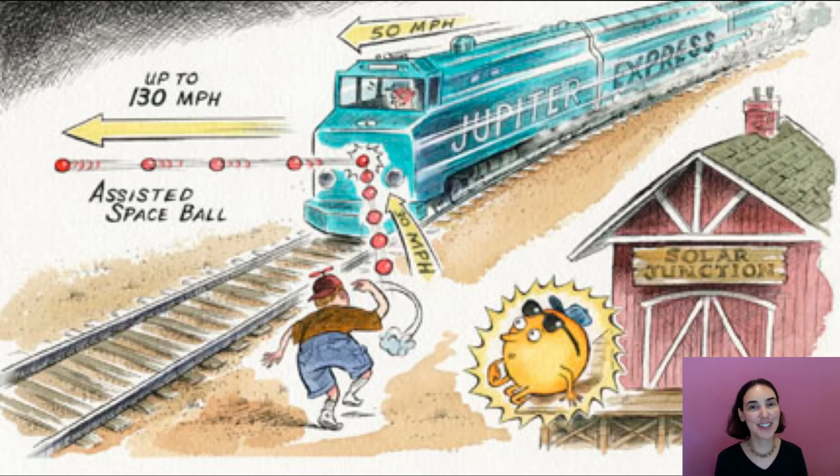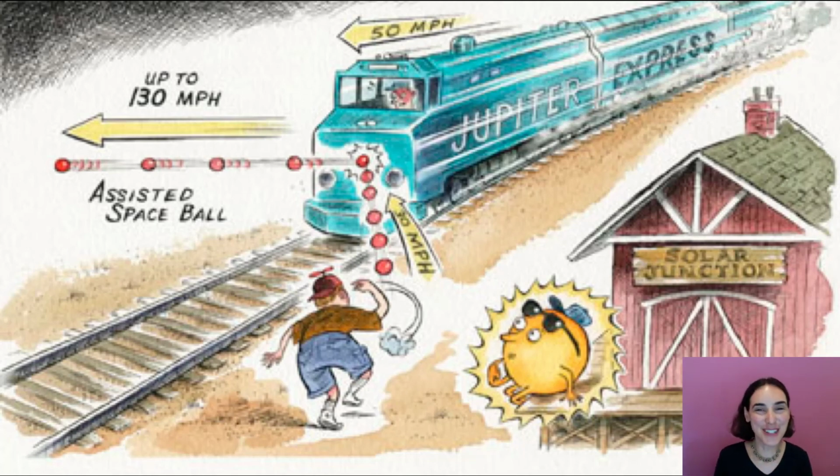So I'm on the train. I'm at rest in my own reference frame, and I see that ball coming at me at 80 miles per hour, right? Because that ball is 30 miles per hour that way, the train's going 50 miles per hour the other way. So I'll see the ball coming at me at 80 miles per hour.